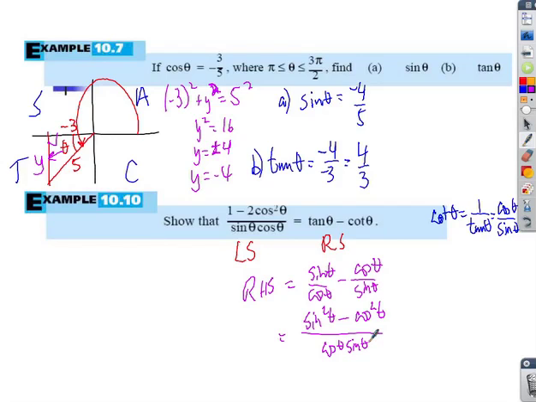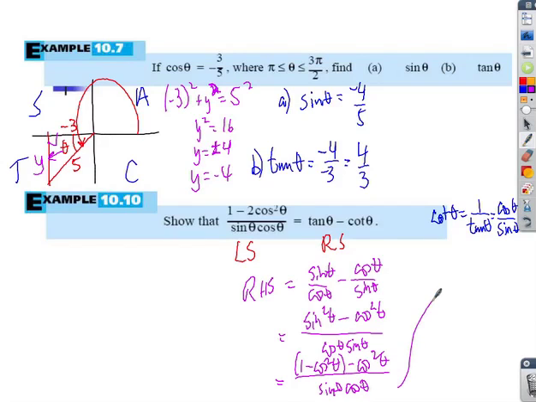So now all we have to do is work with the numerator. The numerator only has cos in it. So what we'll do is we'll use the identity for sine squared, right? Which is 1 minus cos squared theta, minus cos squared theta, all over, just change the order here, sine theta cos theta.